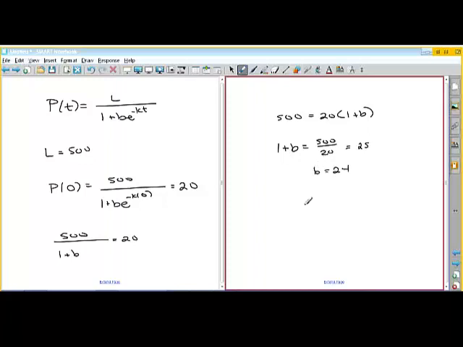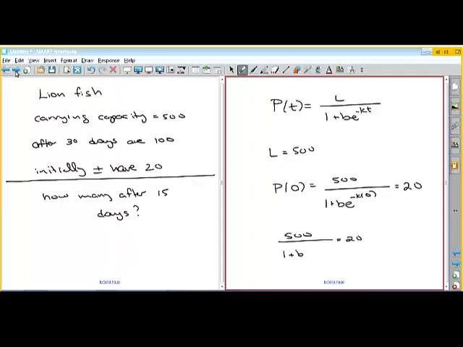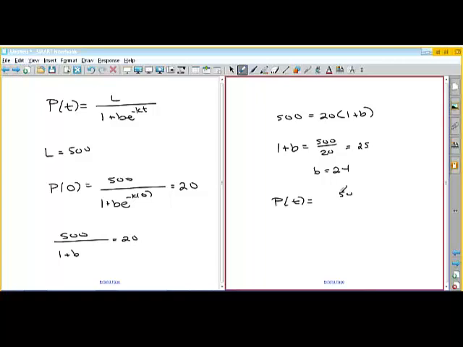So B equals 24. So our equation P of t is equal to 500. Make sure that was the right carrying capacity. Yeah. So you get 500 divided by 1 plus 24 e to the minus k t.